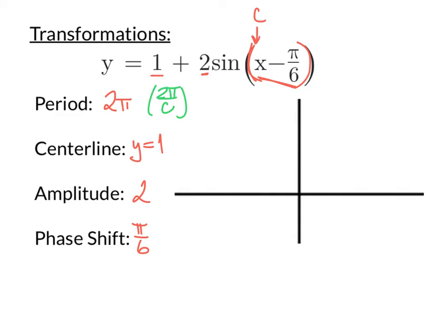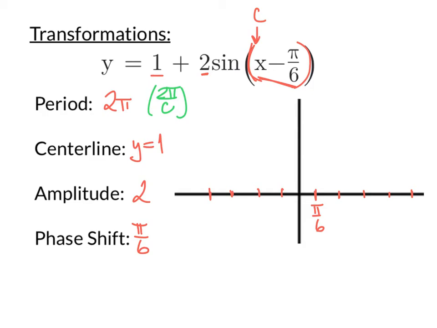So now if we're going to graph that, I start at the bottom here with the phase shift. Our phase shift is at pi over 6. And no matter what the curve is, we have 4 important points that we have to find after it: 1, 2, 3, 4, and before it. And go the same distance: 1, 2, 3, 4.